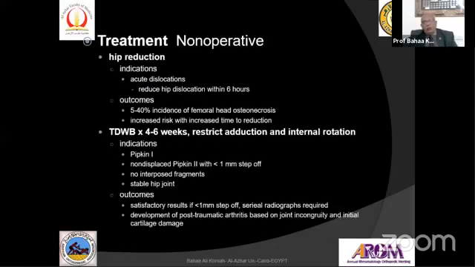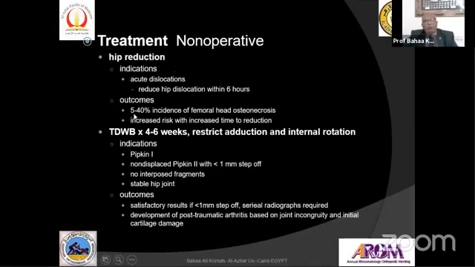management. The treatment always goes from non-operative to operative. The first one is hip reduction, which is very important, indicated for acute dislocation. Reduce the hip dislocation within 6 hours. It's very important to avoid avascular necrosis or compromising the blood supply. What about the outcome?